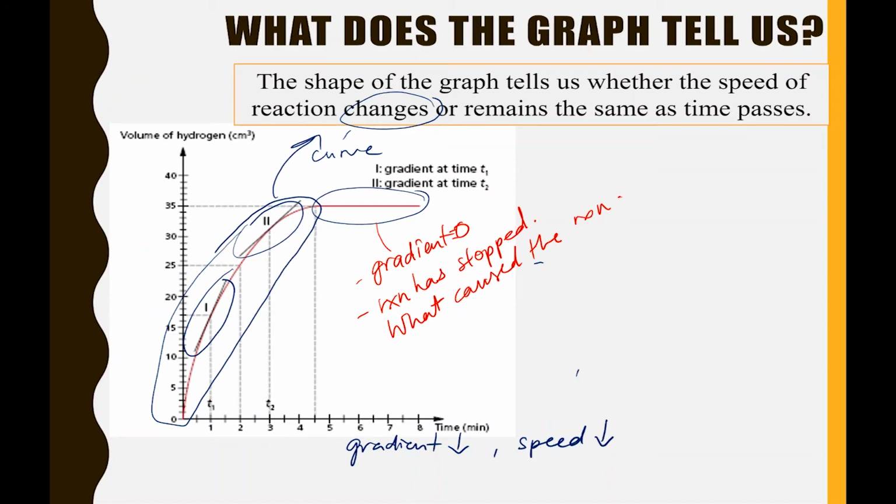I want you to write this down in your notes as well. So what caused the reaction to stop? There are two things that cause the reaction to stop. Number one, your limiting reactant has been completely used up.